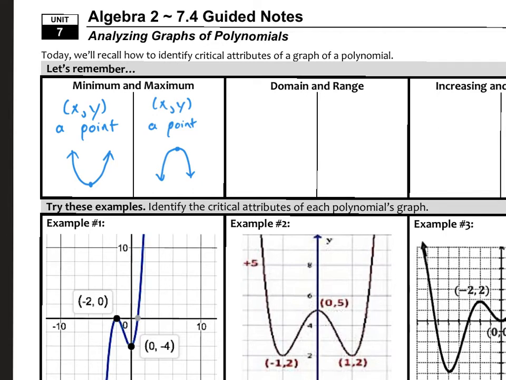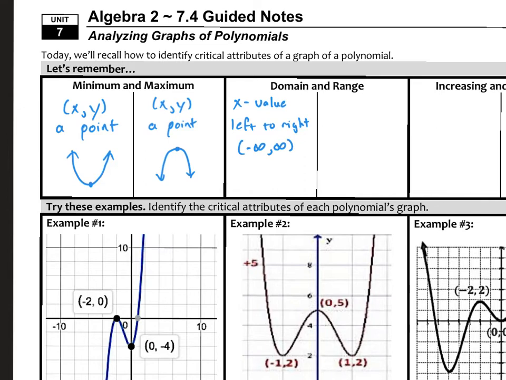Okay, domain and range. Remember that domain, we're looking at the x values. So we're going to go from left to right. And our domain, if it starts at negative infinity, okay, or can end in infinity if it's not a hard point.